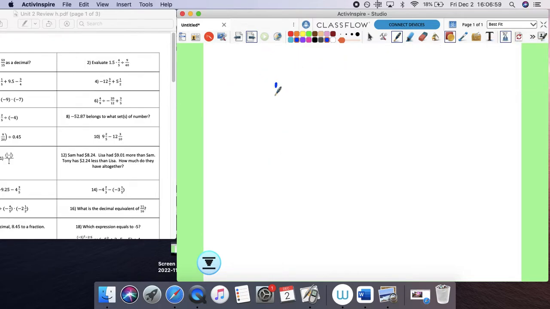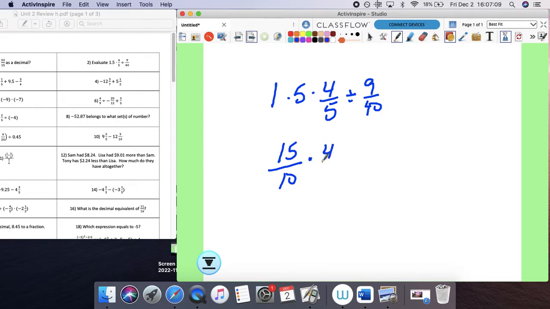B, evaluate, so 1.5 times 4 over 5 divided by 9 over 40. I will change this to a fraction, times 4 over 5, and then division is the same thing as multiplying by the reciprocal, so this is what you have. I'm definitely simplifying. Divided by 2, divided by 5.